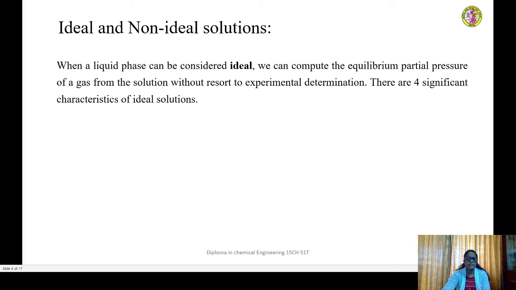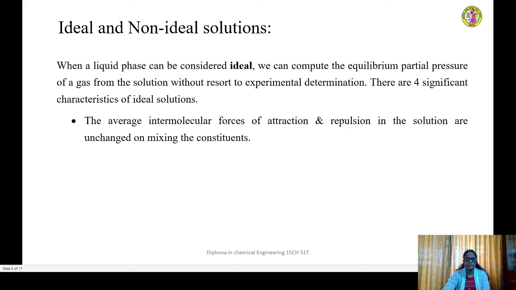So let us now understand what are ideal solutions. There are four significant characteristics of an ideal solution. Let us see what are those characteristics. The average intermolecular forces of attraction and repulsion in a solution are unchanged on mixing the constituents. That is, when you mix the different constituents, the intermolecular forces of attraction and repulsion that exist within a solution are not changed.